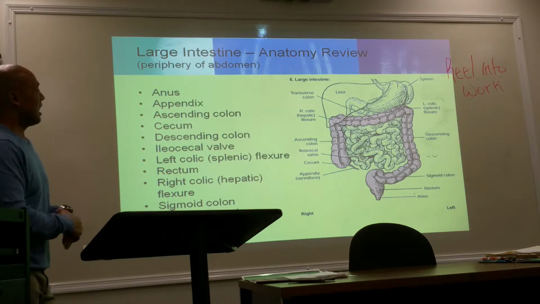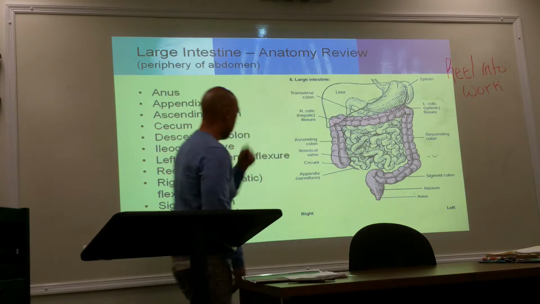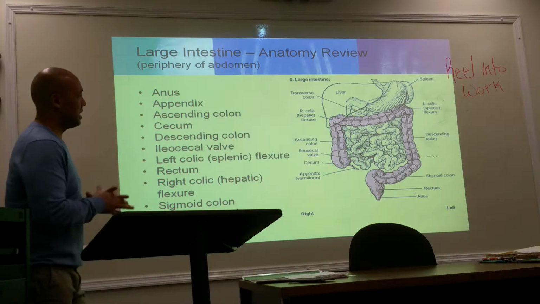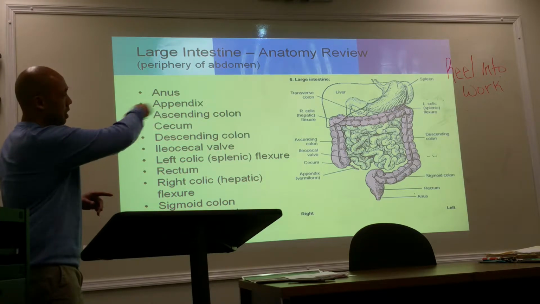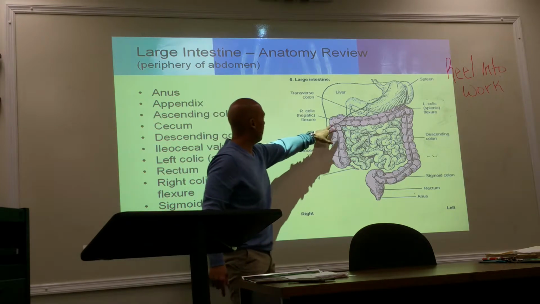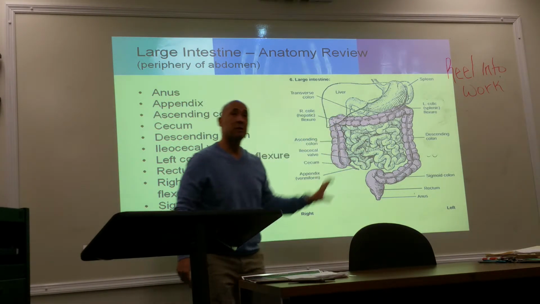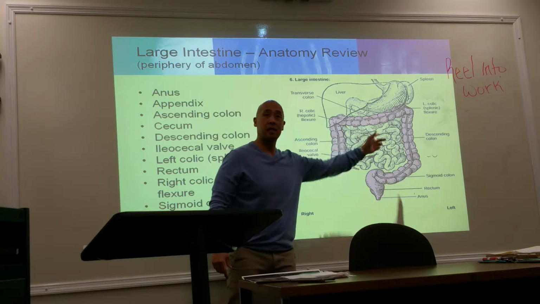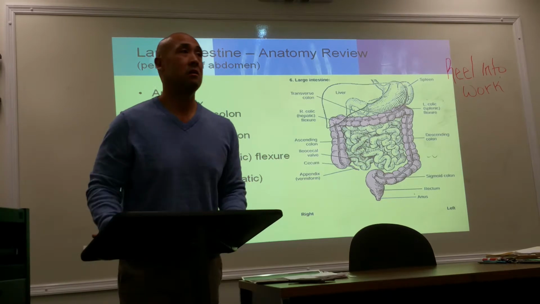This is where we get rid of all the excrements of digestion. One thing I want you to keep in mind is that the right colic or hepatic flexure is going to be a little bit lower than the one on the left, the splenic flexure. Why is that? Because of the liver.